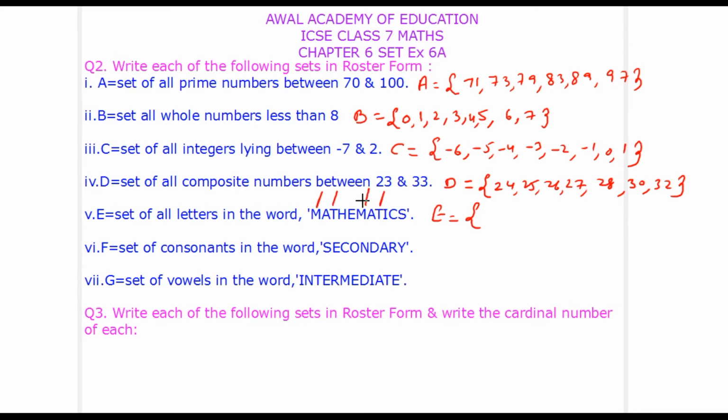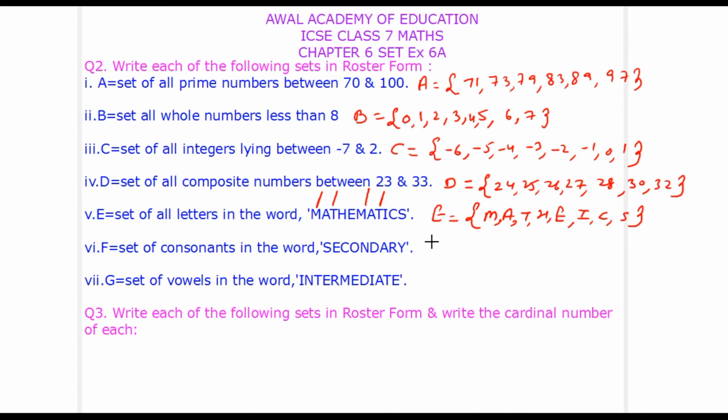So we will take only M, A, T one time, H, E. A is also repeating. So M, A, T, H, E, I, C, S. This is our set.